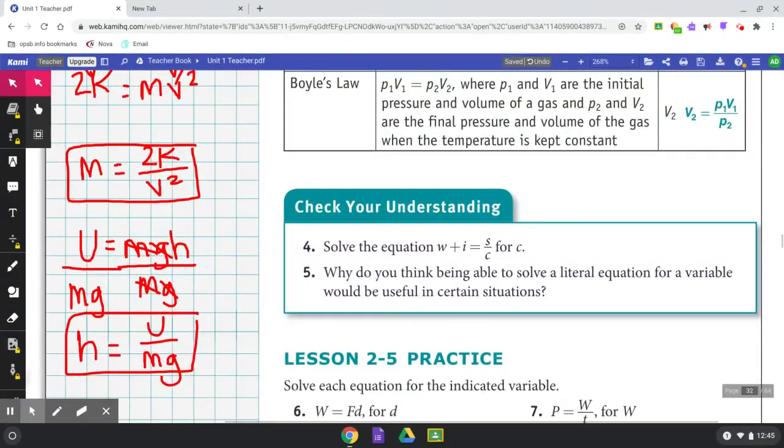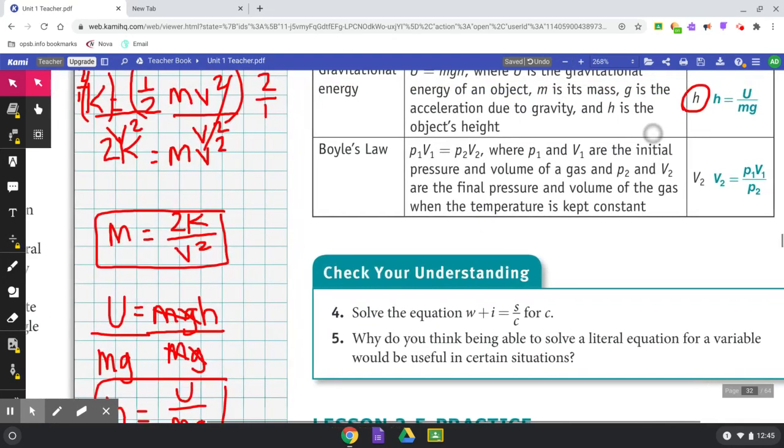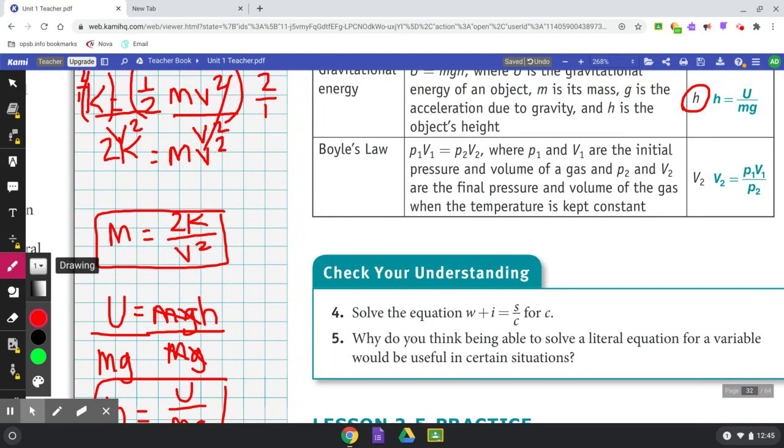Now the last one, P1 V1 equals P2 V2, where P1 and V1 are the initial pressure and volume of a gas, and P2 and V2 are the final pressure and volume of the gas when the temperature is kept constant. They ask you to solve for the specific variable V2.